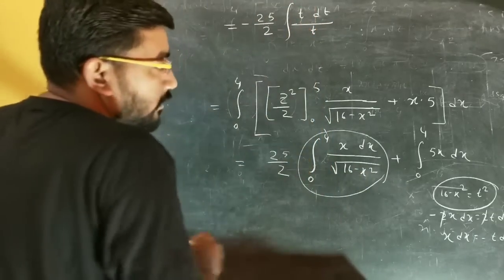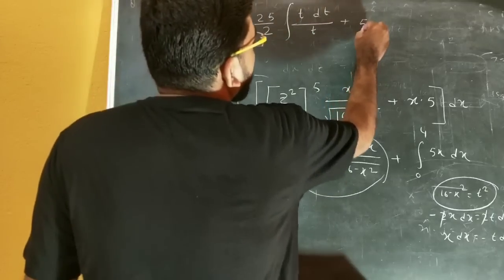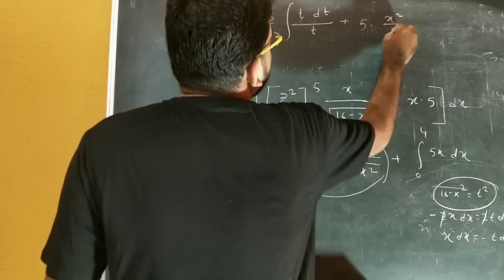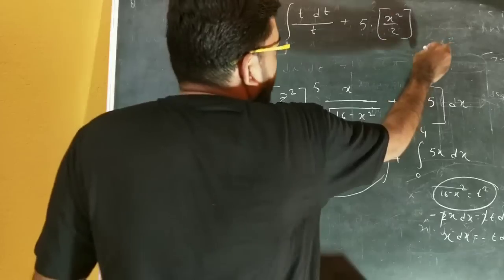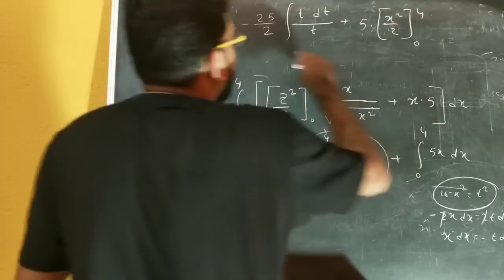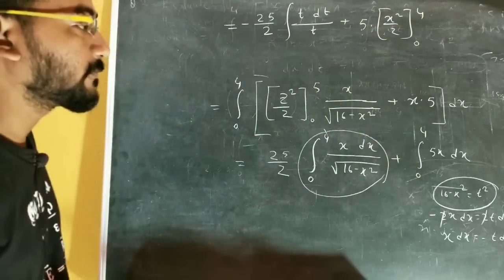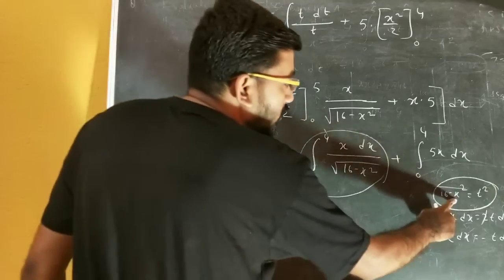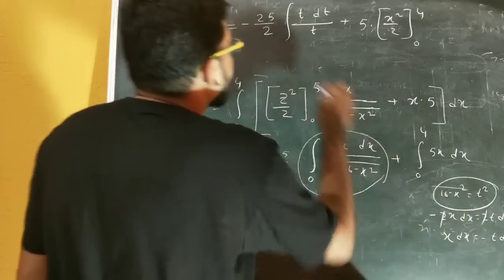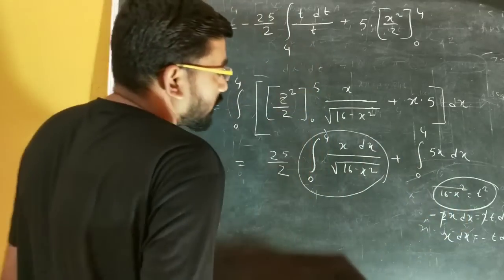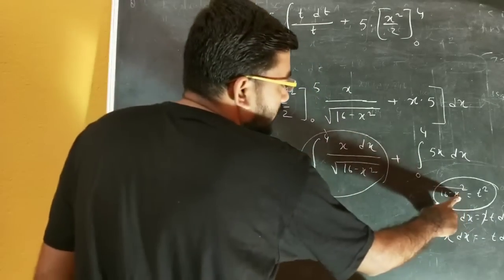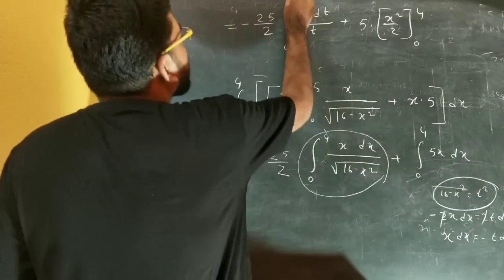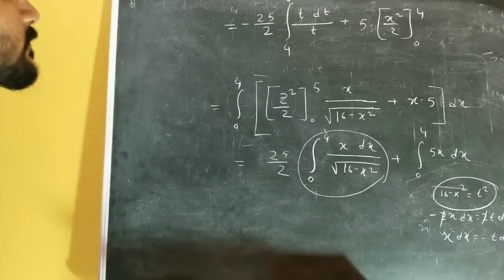And plus 5 into x square by 2, and the limit will be 0 to 4, but you have to convert this limit for t. So when x is equal to 0, t will be 4, and when x is 4, then t will be 0, from 4 to 0.